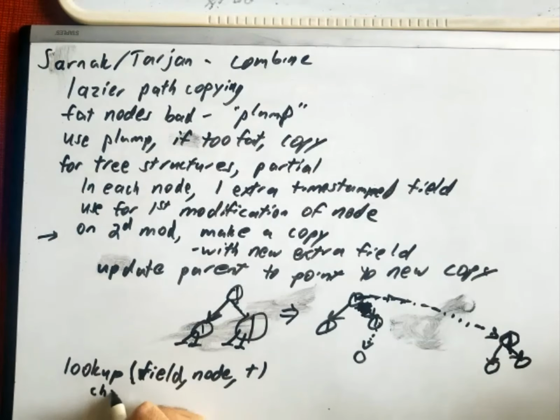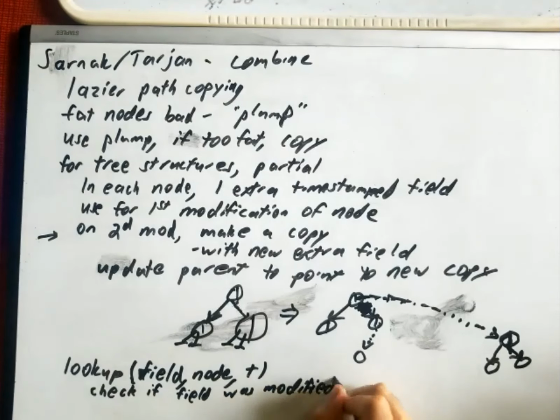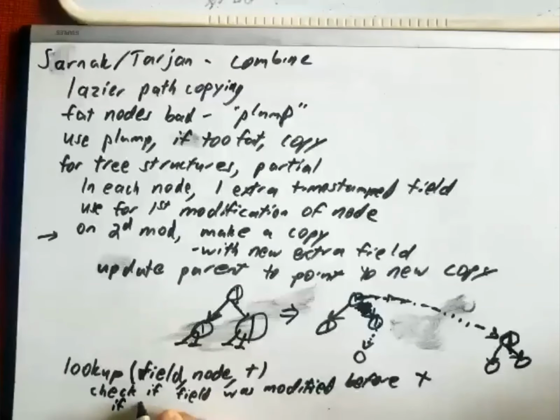Exactly. So basically on each primitive node, we just need to check if the field was modified before time t, right? And if so, we use the extra field to get the value that we need instead of using the real field. Make sense?